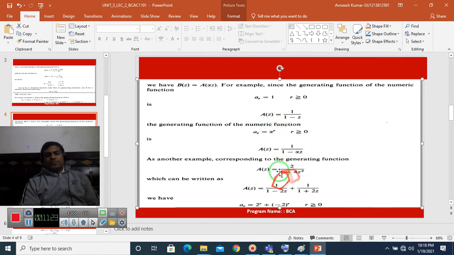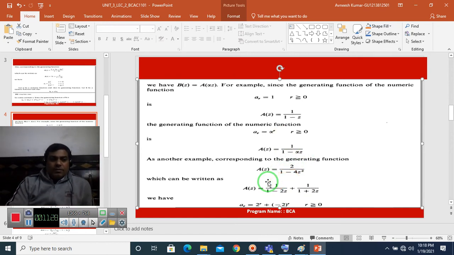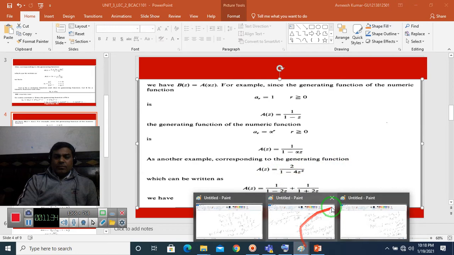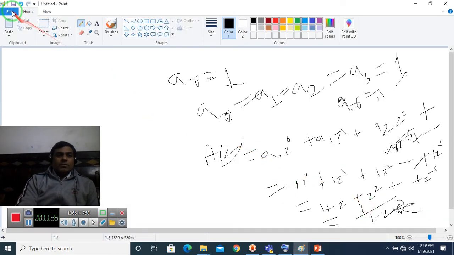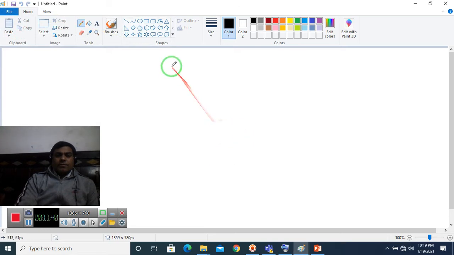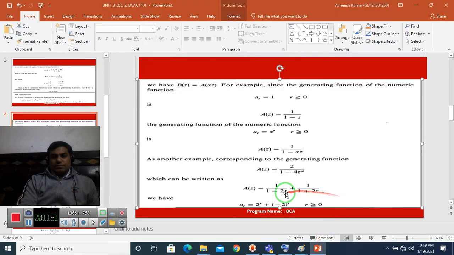Now we are going to solve this problem: A(z) equal to 2 upon 4 minus z square. It will take some time. Now we are going to solve A(z) equal to 2 upon 1 minus 4z square.